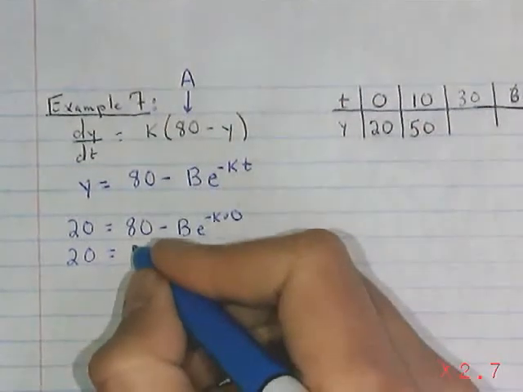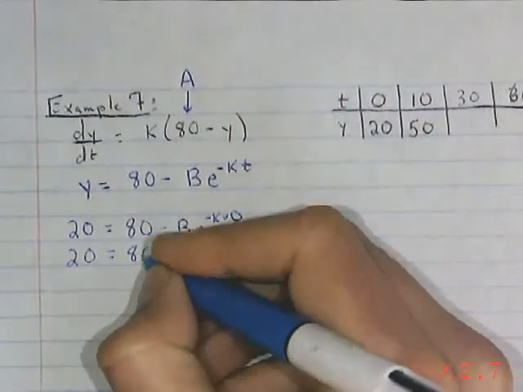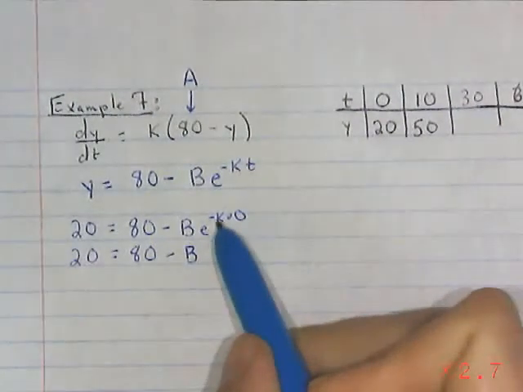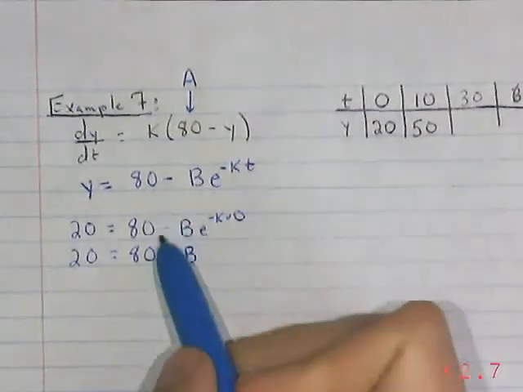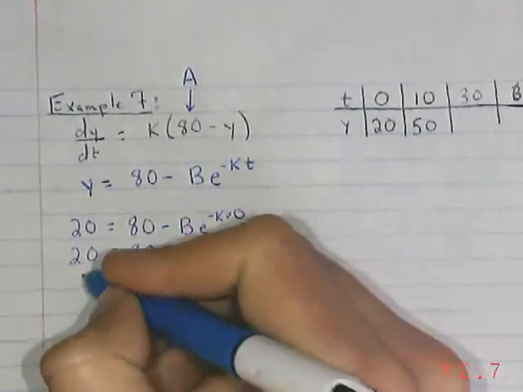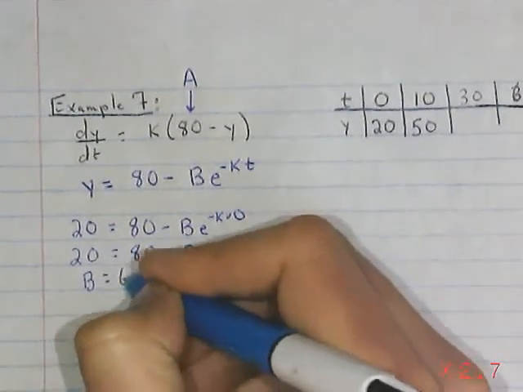is equal to 80 minus b. This all just blasts to 1. When we subtract the 80, we get negative 60, but we've got the negative out front, and so b is equal to 60.